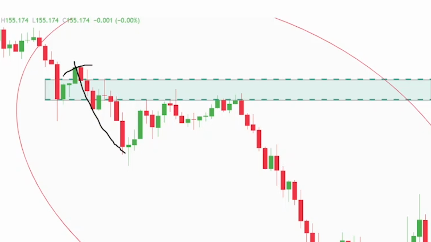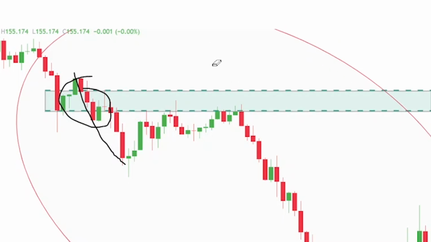So we waited in this area to enter for a sell. After the confirmation of the bearish engulfing, the next candle first made a high. How? Because we have this wick. After making a high, there is a high probability for the market to continue on the downside.